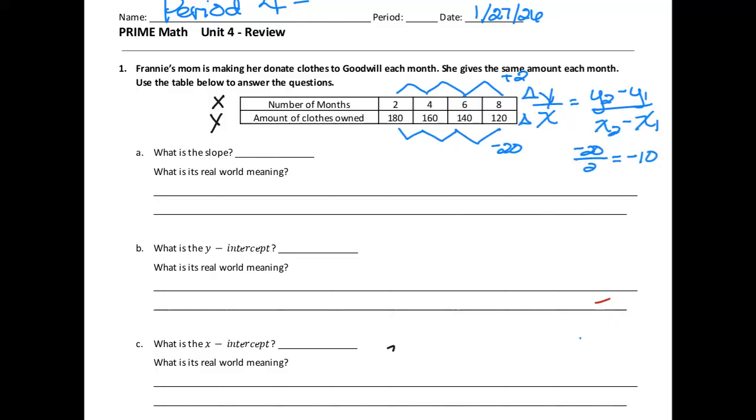Is that my slope? Yes. How did you get it? I did 120 minus 180 over 8 minus 2. Yeah. Difference in y divided by difference in x.